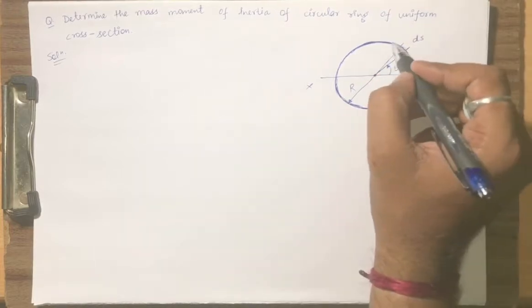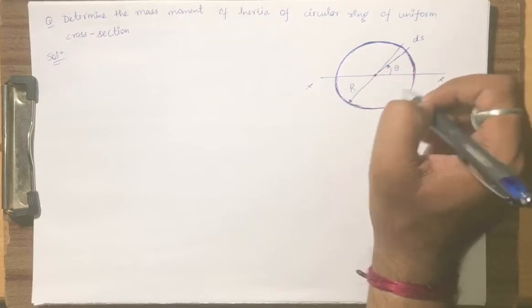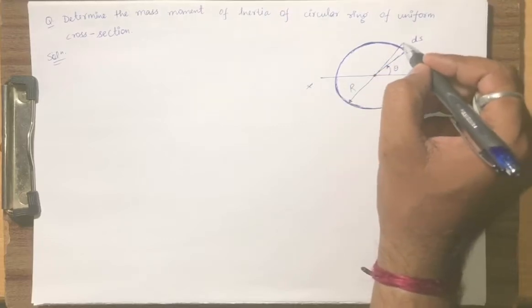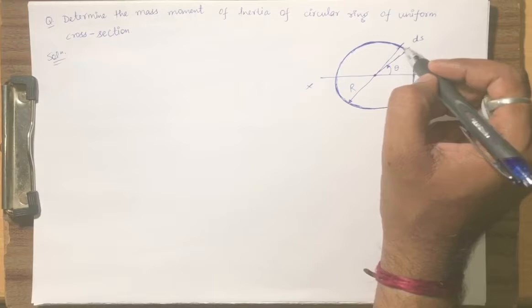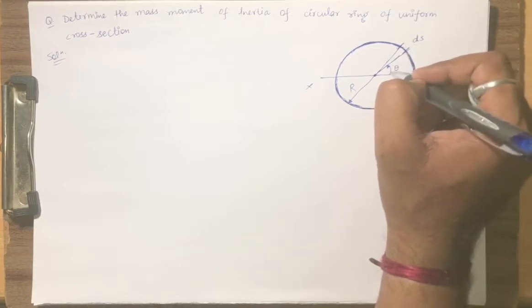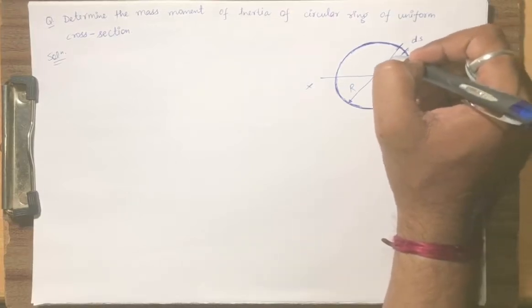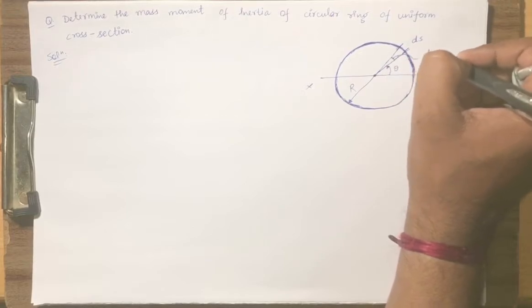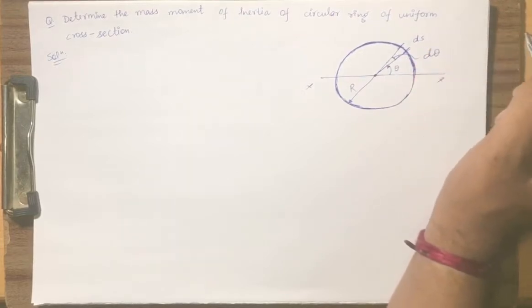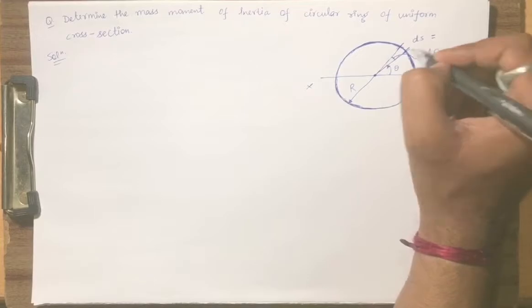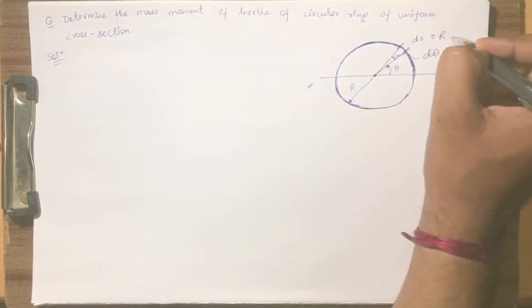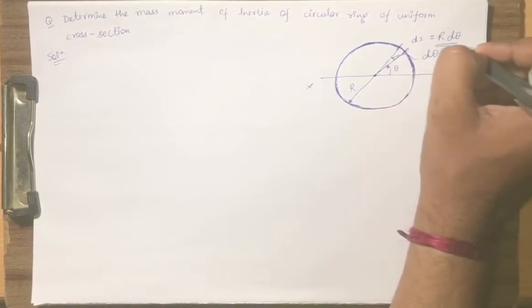What we want to do, we want to cover the whole ring with the help of this small element. So we are taking it at angle theta, and this angle is d theta, and ds will be r into d theta.